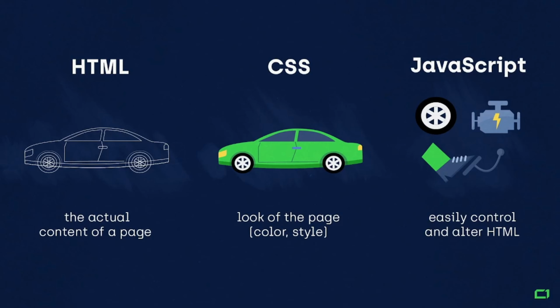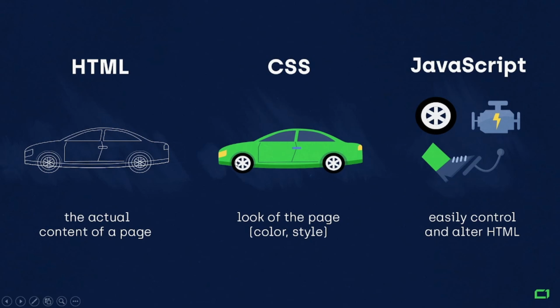So guys, as a second real example, let's suppose we have a car. The actual content of the car can be HTML. It just shows the structure, how it is built. When we want to apply colors or design to it, that can be imagined as CSS, Cascading Style Sheets.